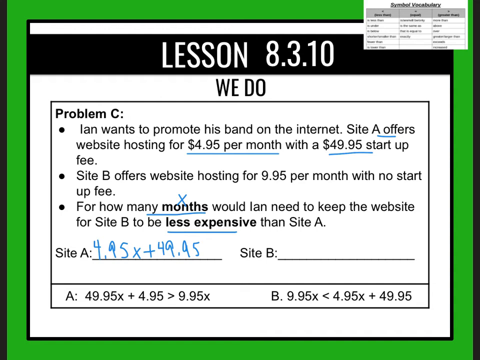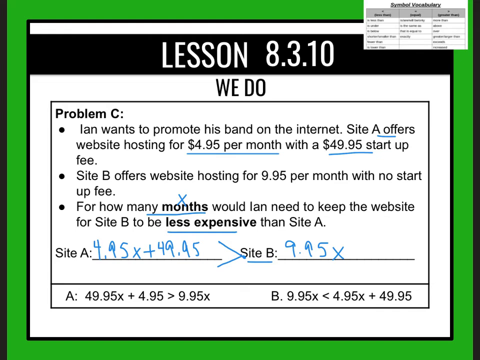Site B is going to cost $9.95 per month. Okay, so I want to know when Site B is going to be less expensive. So therefore, Site B needs to be less than Site A.